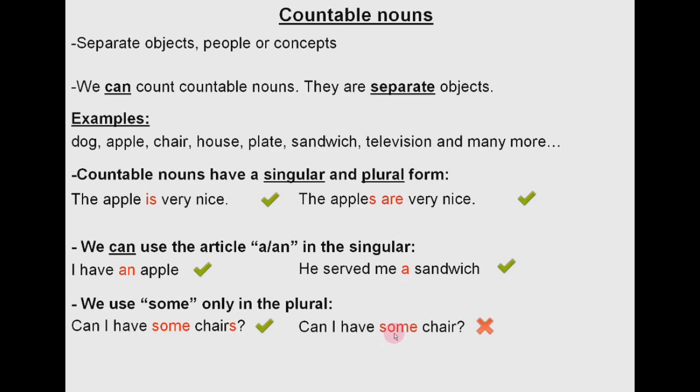But if we only want one chair, if chair is singular, then we do not use the word some. If we want one chair, we would say, can I have a chair? A chair. The letter A.